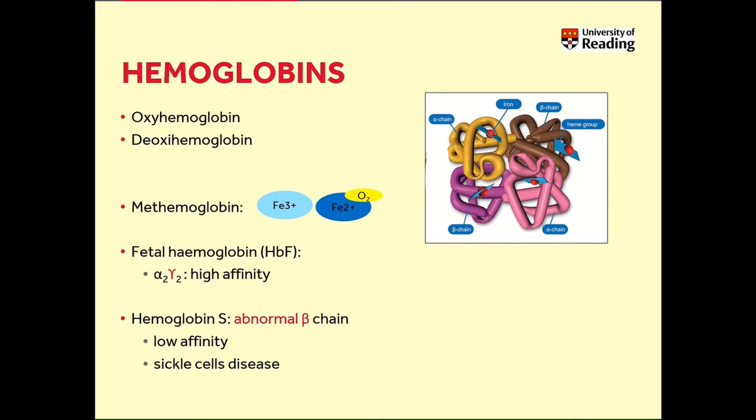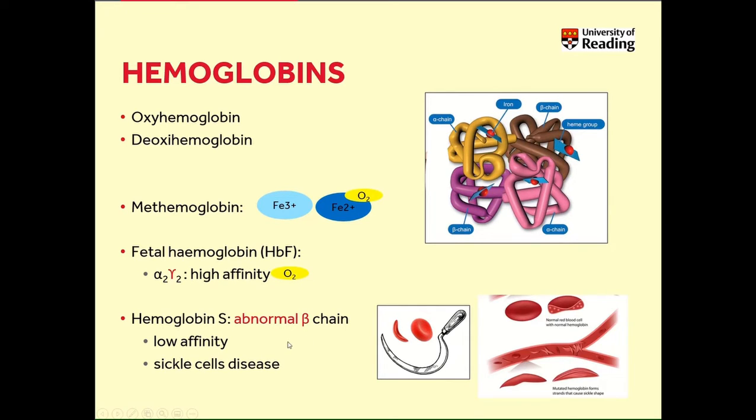Finally, you have the hemoglobin S, which presents an abnormal beta chain, which results in a lower affinity of hemoglobin for oxygen. And the presence of hemoglobin S is responsible for sickle cell disease.